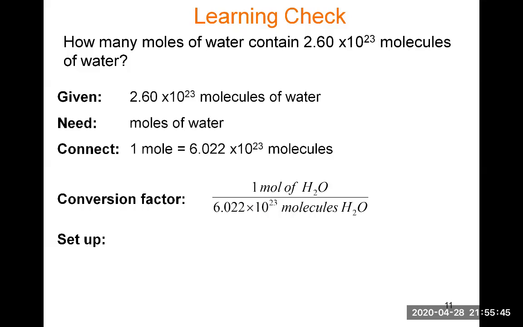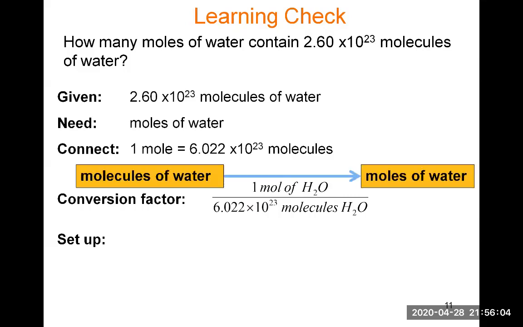You will use the conversion factor such that the molecules of water are on the bottom and the mole is on top. And the reason is because the given number has units of molecules of water, and we want to cancel the molecules of water. So we will keep the molecules of water on the bottom and have the moles on top. Sorry, the roadmap is showing now, and here it shows that we start with molecules of water that we want to convert to moles of water.